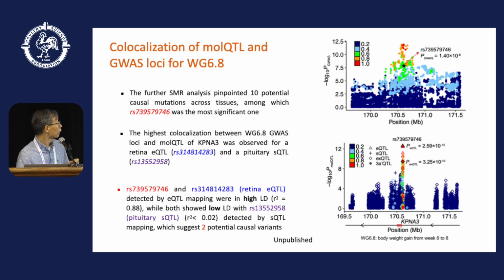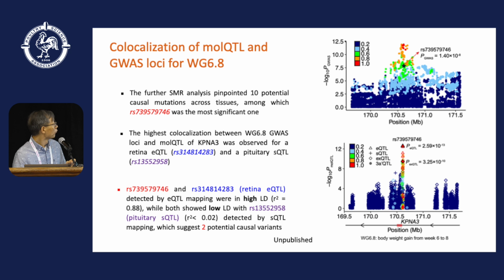Then we look at it further, and we find this leading SNP. There are about 10 possible causal mutations across all tissues, but this one is the most significant. If we look at it in the GWAS study, this is not the top SNP, but it's a leading SNP, a significant SNP related to average daily gain from 6 to 8 weeks.